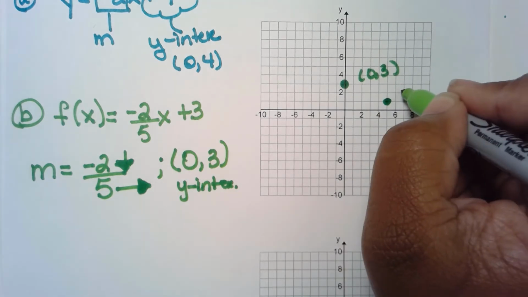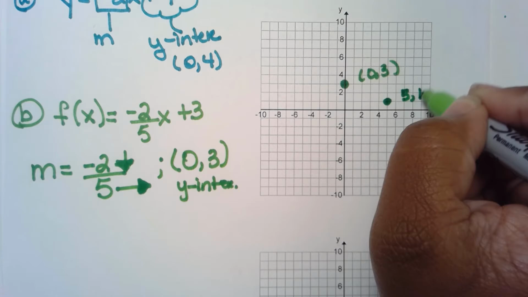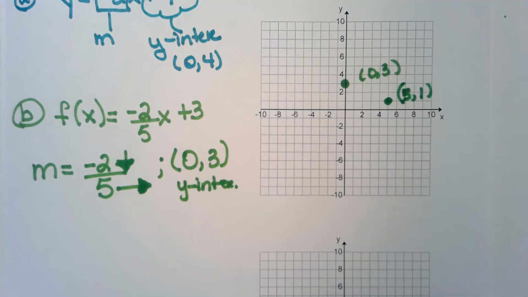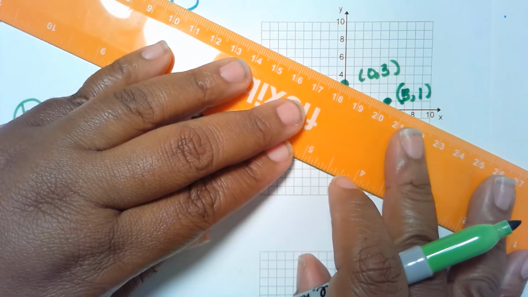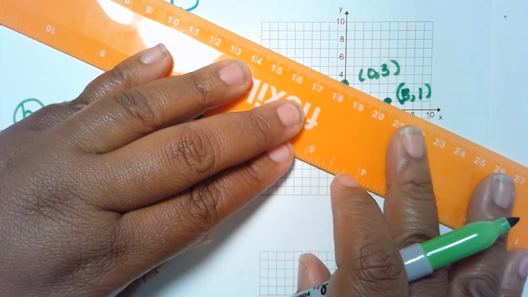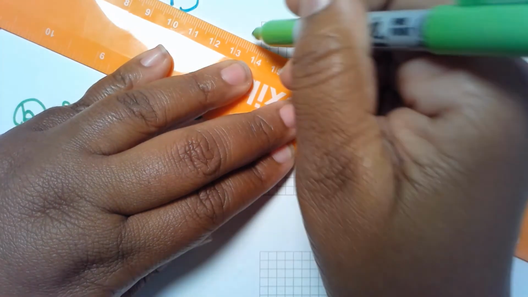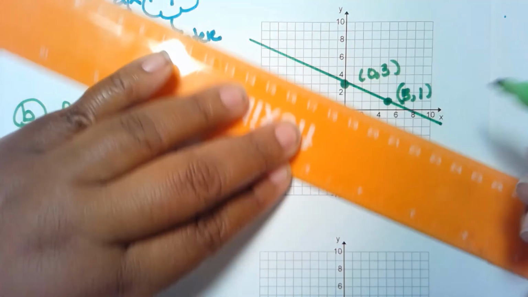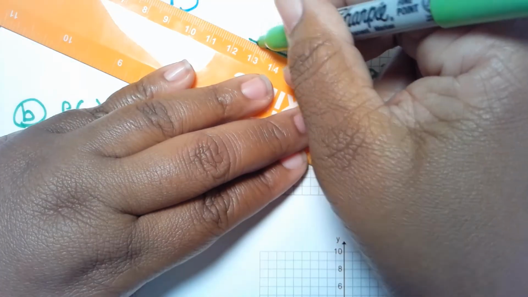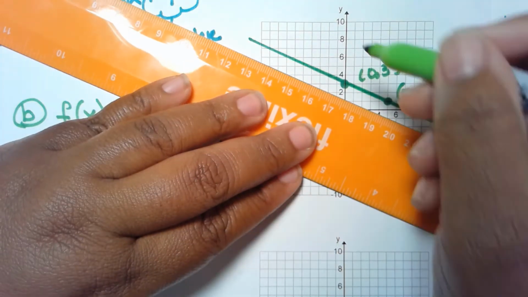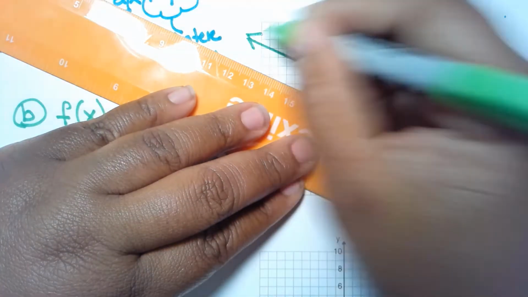So our second point is at 5, comma 1. And then we connect. Okay? And here's our line.